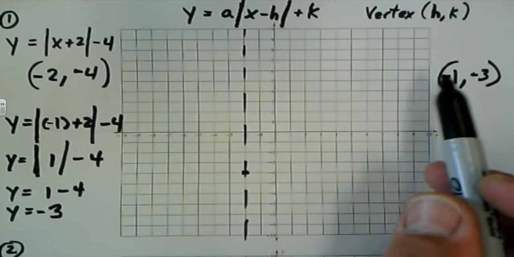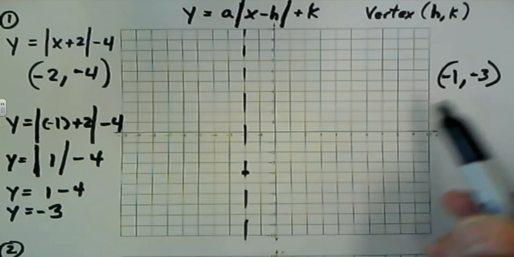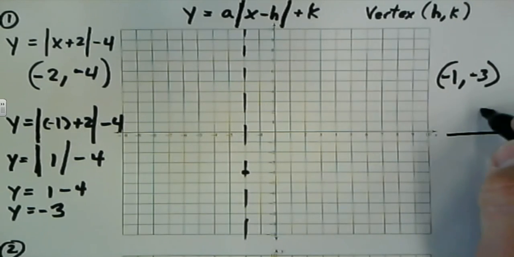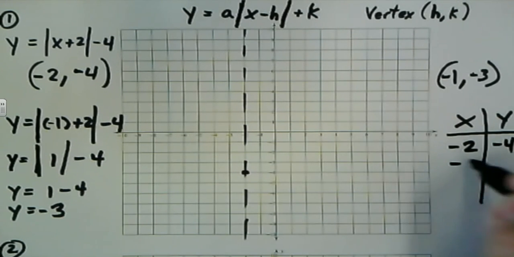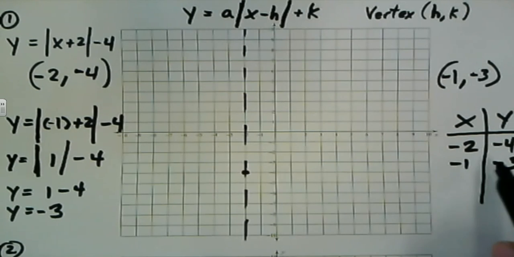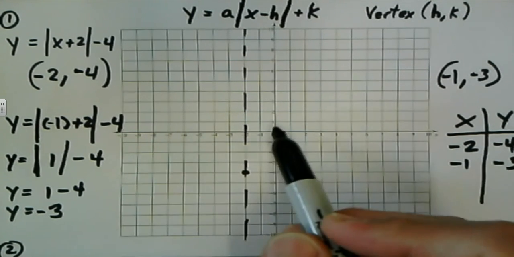That's what x was. That gave us negative 3. So if we did a chart, we had the x's and the y's. Our vertex was negative 2, negative 4. The next number we used was negative 1, and we got negative 3. So I would graph that dot, negative 1, negative 3.